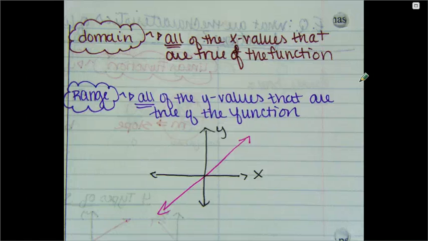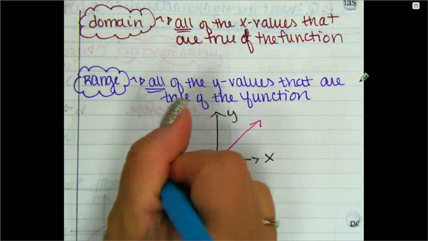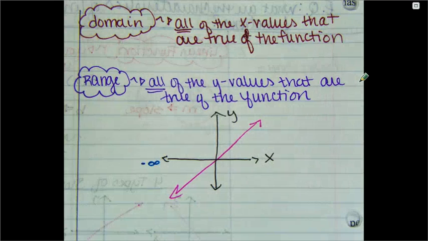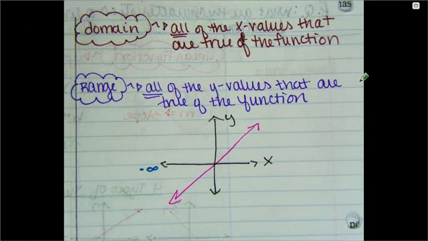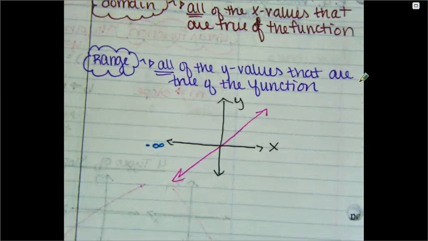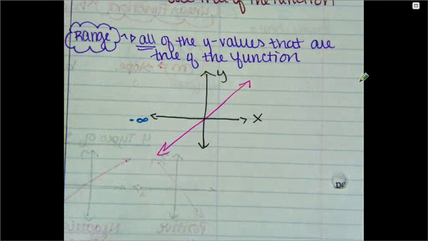No. So what's the smallest number that's out there? Negative infinity. You can never touch it, you never ever can get to negative infinity, but it's the smallest thing out there. So it's going to go all the way from negative infinity. Which is really, really far because it never ends.